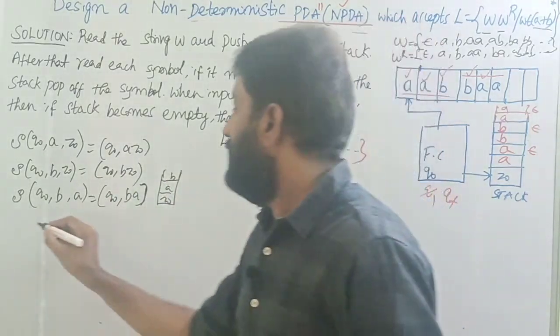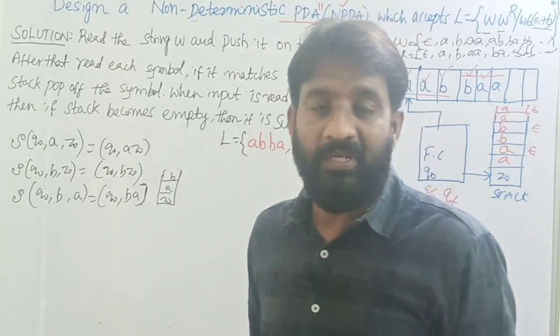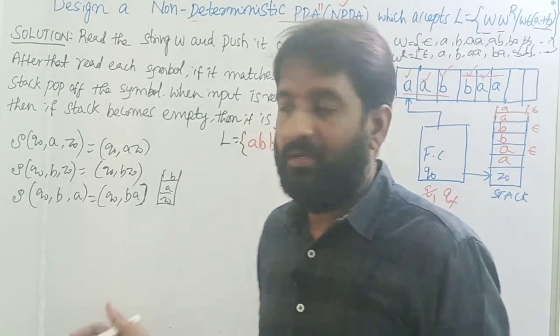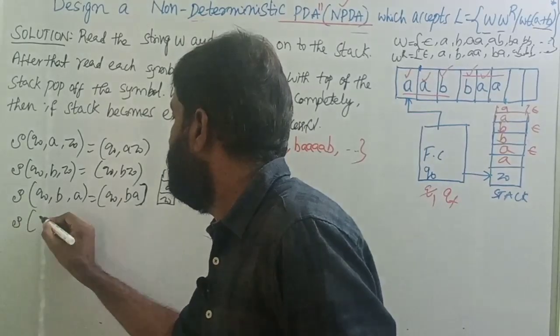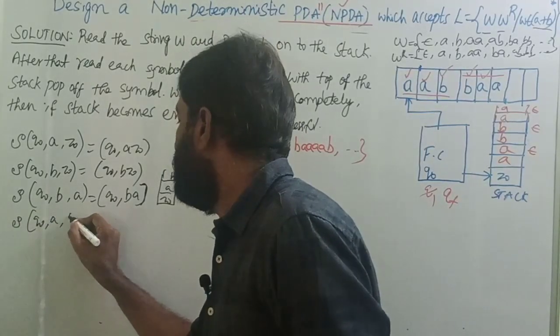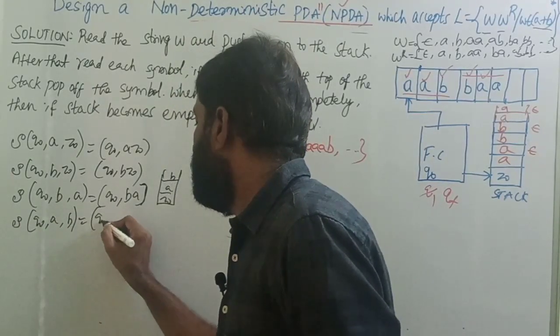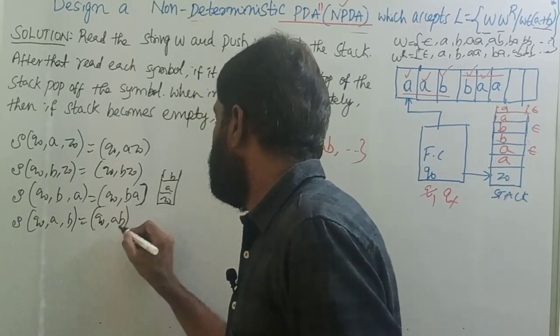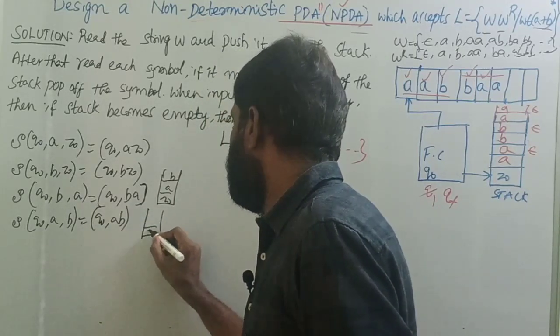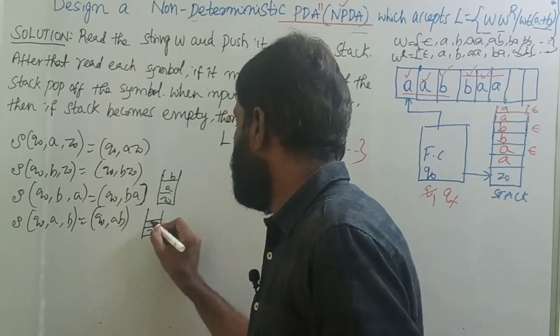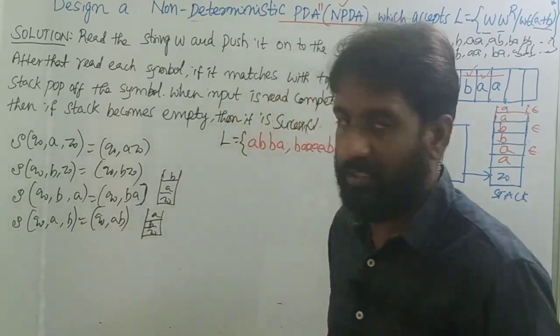Then let's assume that the first input symbol is B and the next input symbol is A. So transition of Q0, A comma B equals Q0, AB. This is how the stack looks. It is Z0, the top of the stack is B, now we are adding A onto the stack.